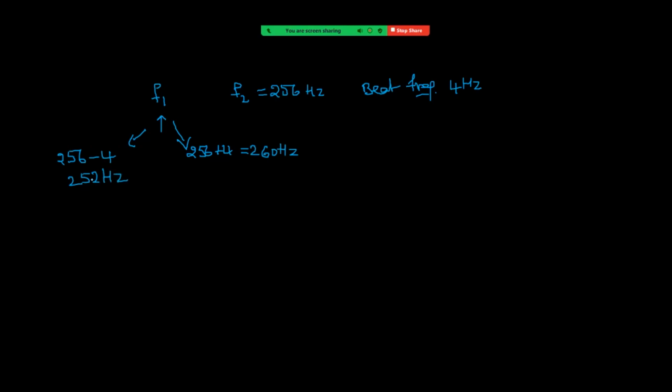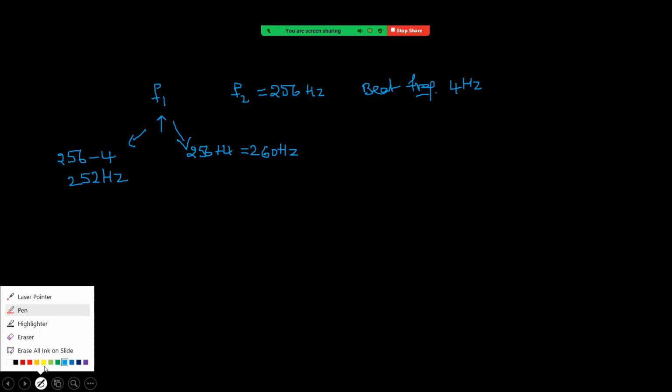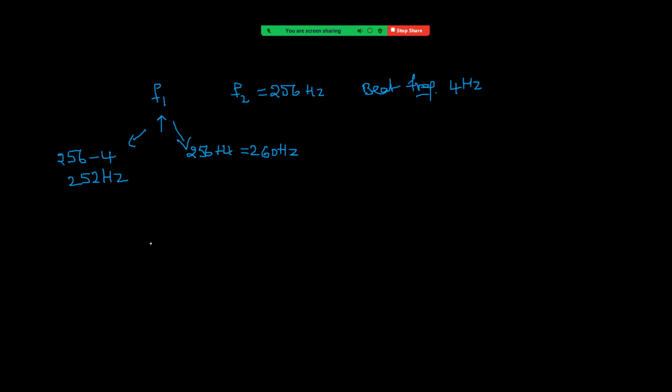Now to decide which one of these two is correct, we are given one more condition: wax is added to the first one, and when wax is added, its frequency decreases. See carefully. The frequency here is 256, and the first one may be 260 or 252. For the first one, when wax is added, the frequency will decrease.